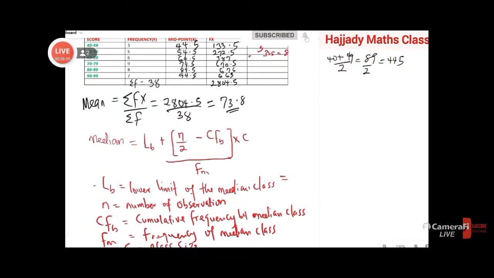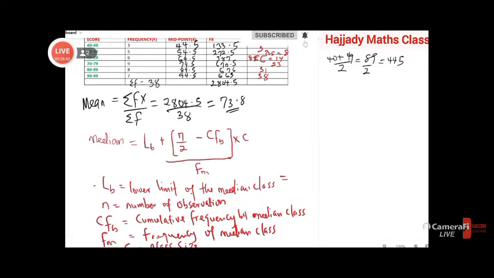Next, the previous value, 8 plus 6, gives us 14. Subsequently, 14 plus 9 gives us 23. 23 plus the next frequency value, which is 8, gives us 31. And the last value, which is 7, gives us 38.